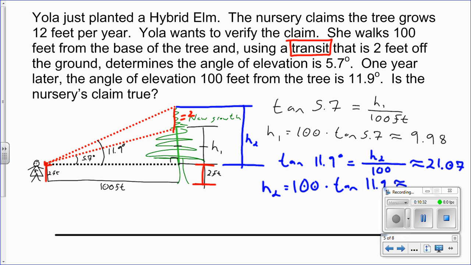Well, that's just going to be H2 minus H1, which is equal to 21.07 minus 9.98.